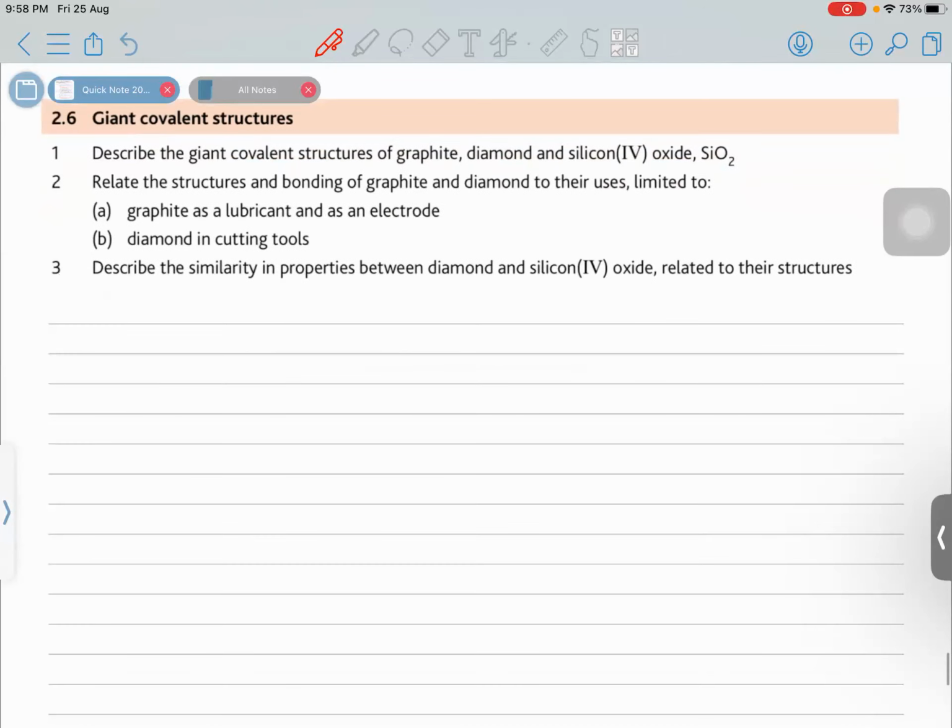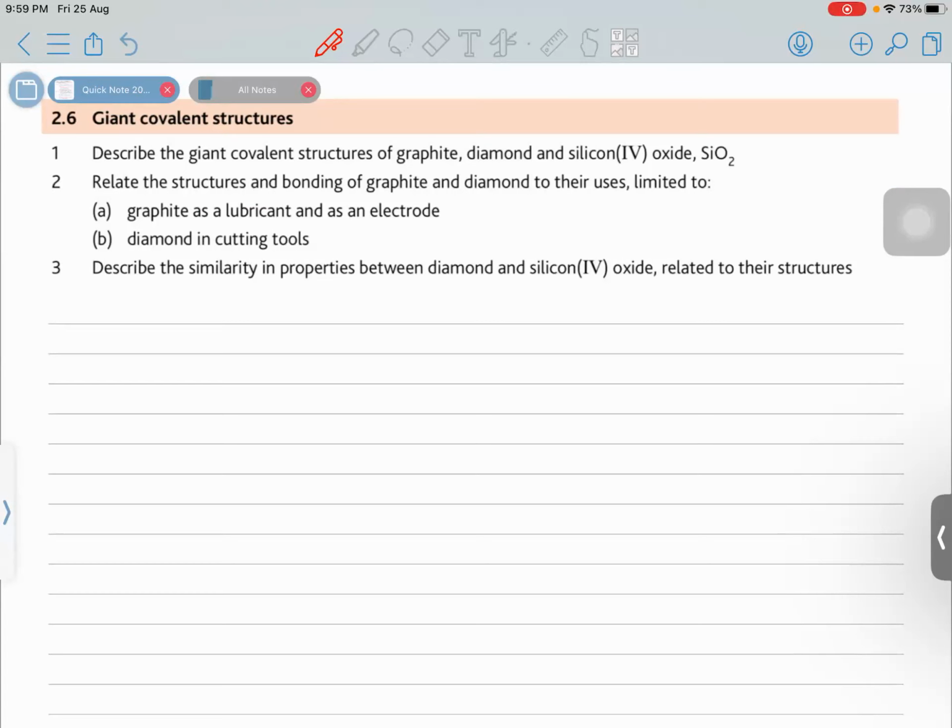Now, can you tell me what is the structure of graphite, diamond or silicon oxide? Sir, is it a covalent bond?